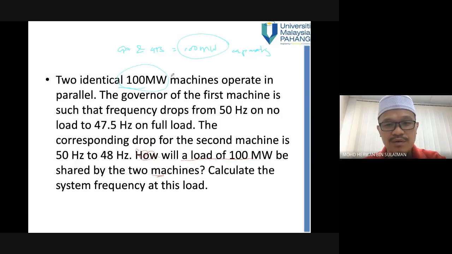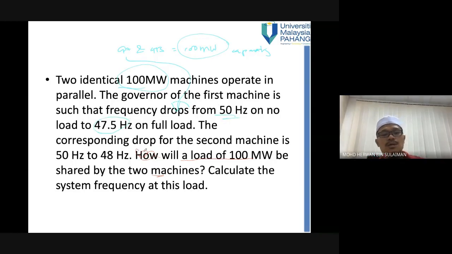For the first machine, the frequency drops from 50 to 47.5 Hertz. The second one is from 50 to 48 Hertz. The question is how will the load of 100 megawatts be shared by the two machines? Calculate the system frequency at this load.